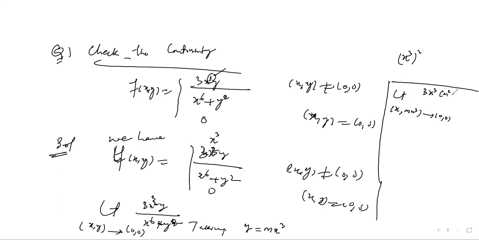So हम कैलकुलेशन डायरेक्टली कर सकते हैं. m cube x cube. डिनोमिनेटर में बताओ, x raised to power 6 plus y square, यहाँ पे y square.